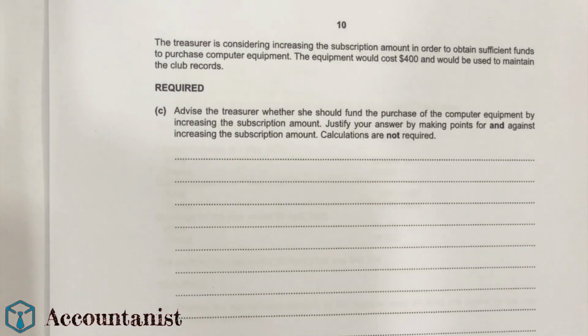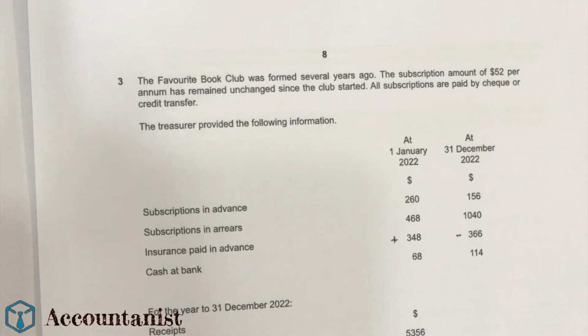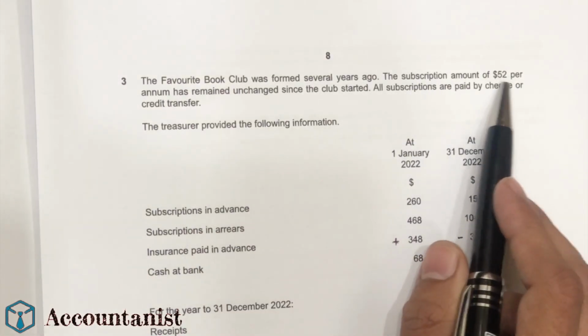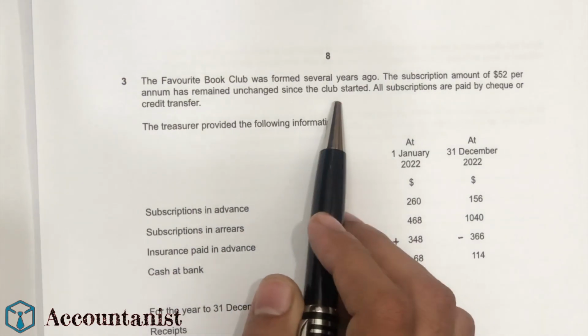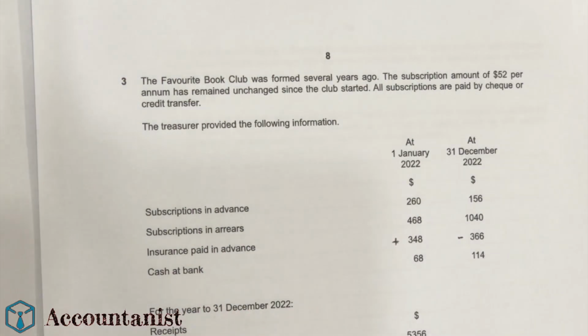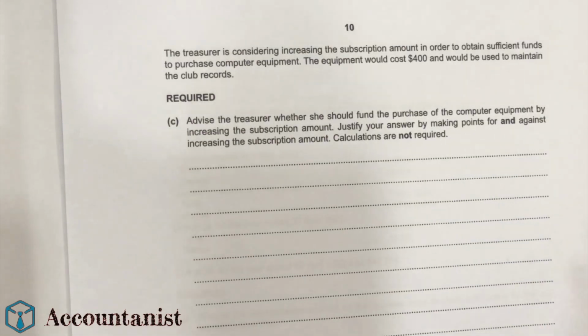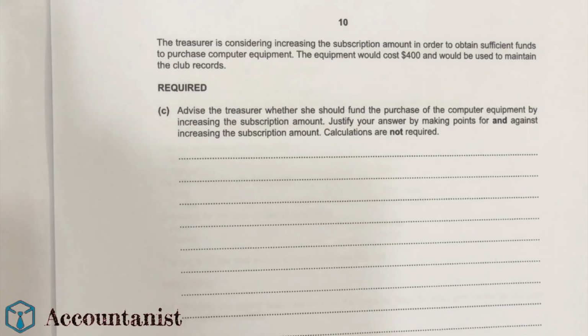If we look at the start of the question, it says that the subscription amount is $52 per annum, which has remained unchanged since the club started. So we have to write down the points for and against the rise in the subscription amount.